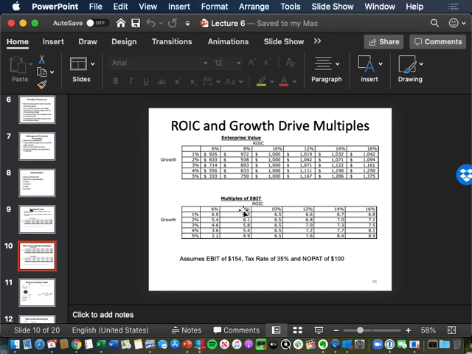So rather than just saying, here's the equation, give me a multiple, I want you to look at multiples and understand why the growth spreads can be different across companies and what the market is saying about those companies given those different multiples. Okay? So let's be very specific in this industry.